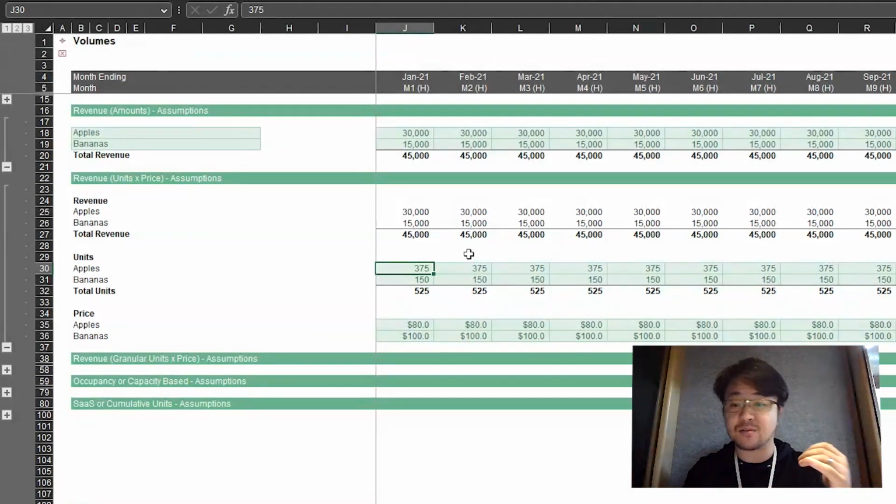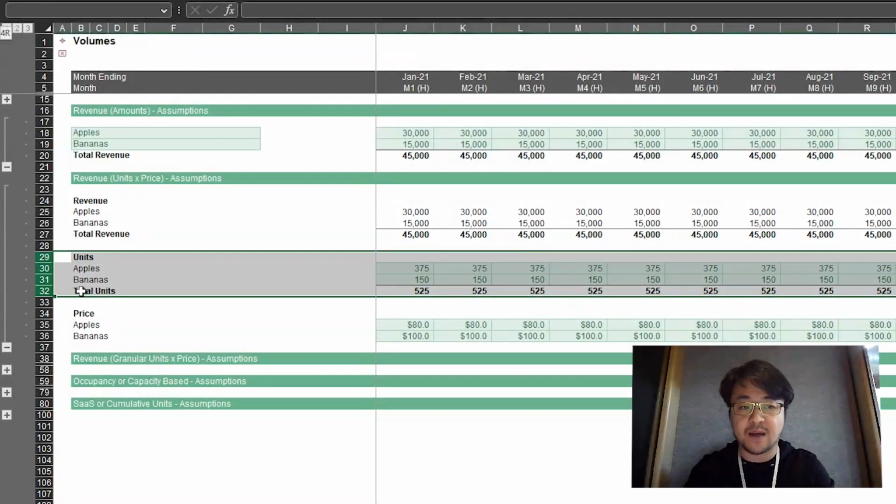That tends to preserve margin or even improve margins in a business, because you're doing the same thing and there's an opportunity to improve on efficiency and do the same thing better, faster or more effectively. So this is the first layer. All we've done is take apples and bananas and break them out into our first layer of volumes, which is just identifying averages.